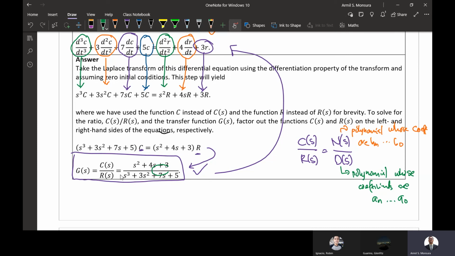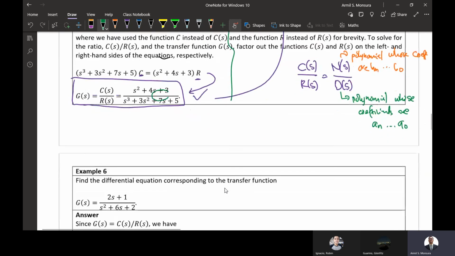So this S cubed was obtained from here. So, 1 times S cubed. This one. Okay? The 3S squared was obtained from here. 3 times S squared. Plus 7 times S plus 5 and so on. So, intuitively, we can get it from the differential equation without actually going through everything. Okay? So that is the prime advantage of our Laplace transform when it comes to this kind of system modeling.